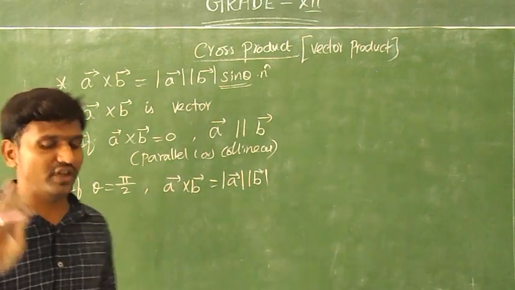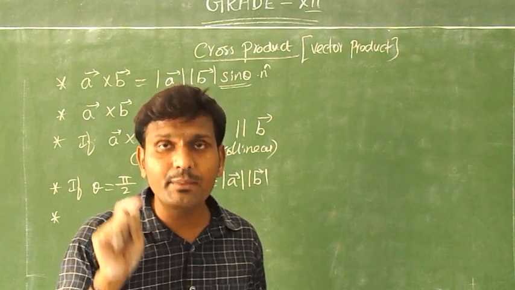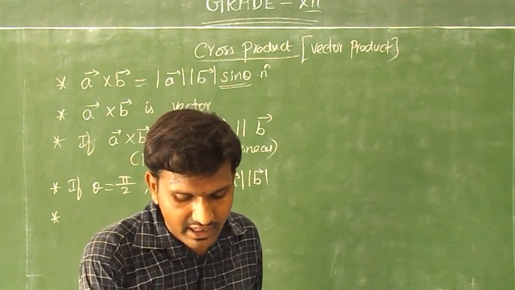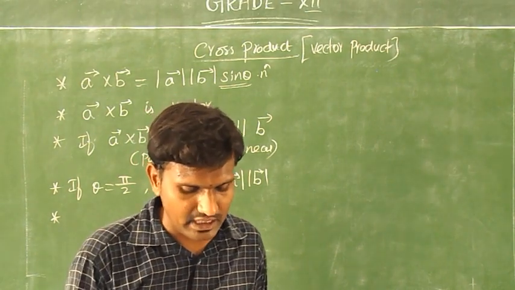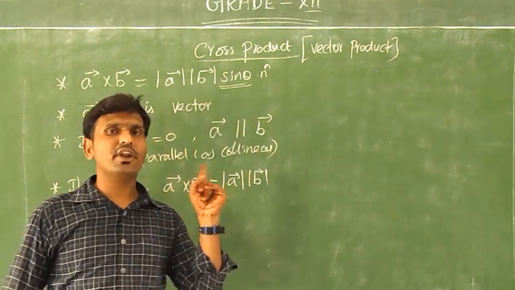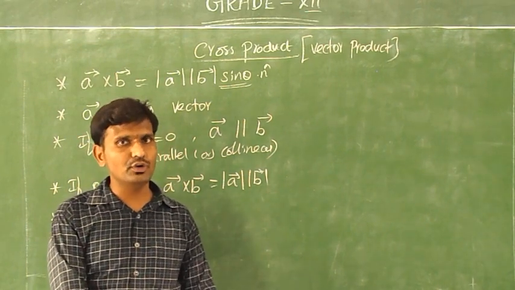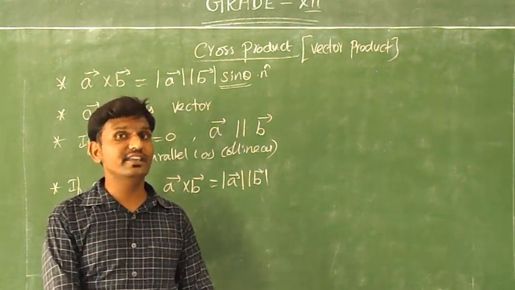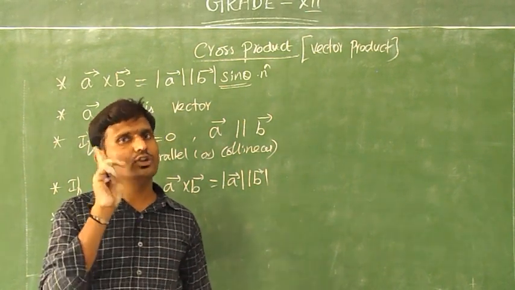Now coming to the fourth observation, look at page number 450. The figure has i vector, j vector, k vector. From the dot product we already know i vector dot i vector is equal to j vector dot j vector is equal to k vector dot k vector, and all the values are equal to 1 only.